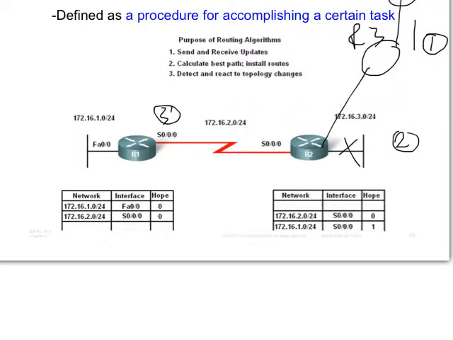It sends and receives updates, and then it calculates the best path and installs routes accordingly. And installing routes does not necessarily mean that you always insert the route that's coming in the update message. Not necessarily, because the route that's coming in the update message may have a very high cost compared to the one that's already existing. Okay?